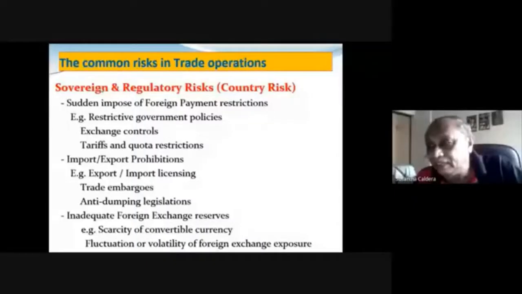Trade embargoes can apply to countries like Iran and North Korea. The US as well as the UN, United Nations, have trade embargoes. You can't do trading with those countries.